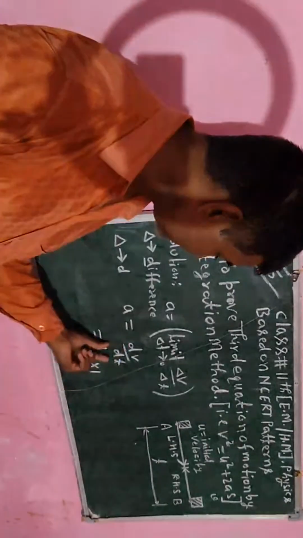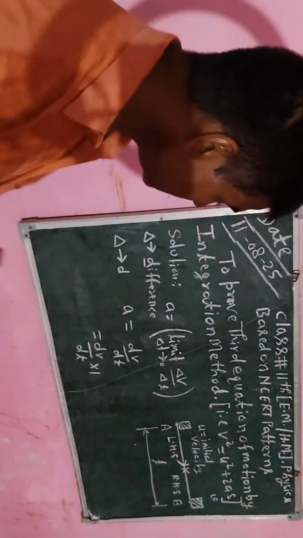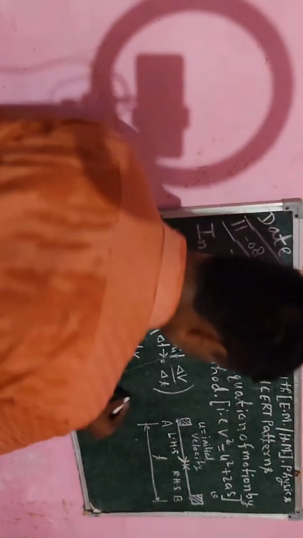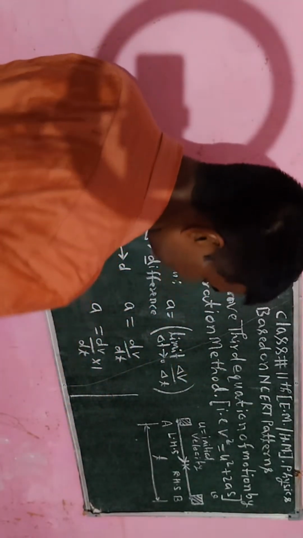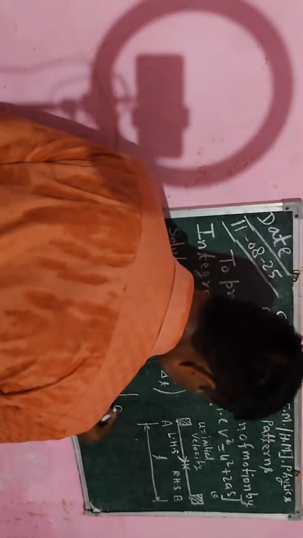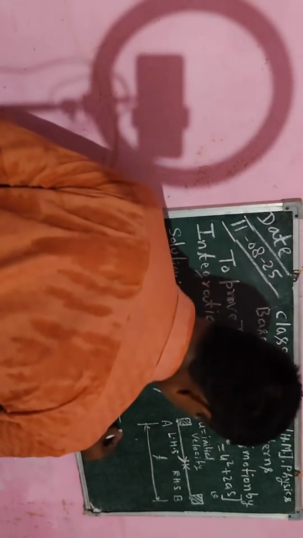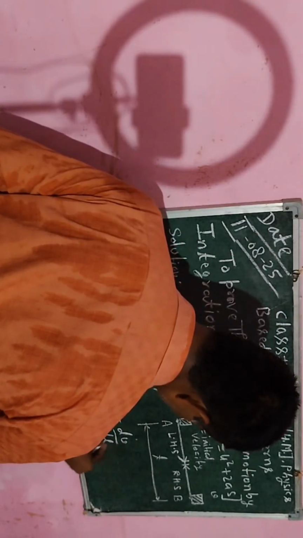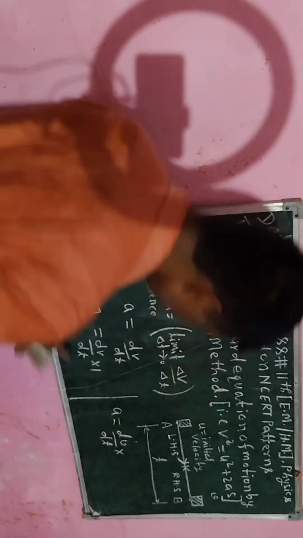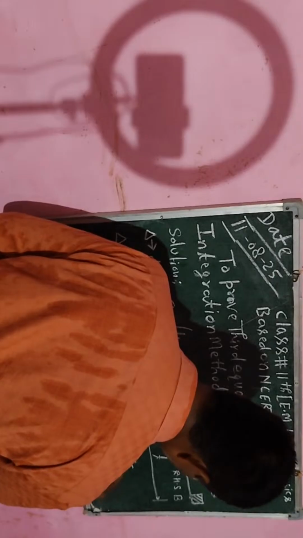So we can write dv divided by dt. Here there is no doubt. In the next step, on the left hand side acceleration will be a. Now a is equal to dv divided by dt. Now in the place of 1 I can write ds divided by ds.